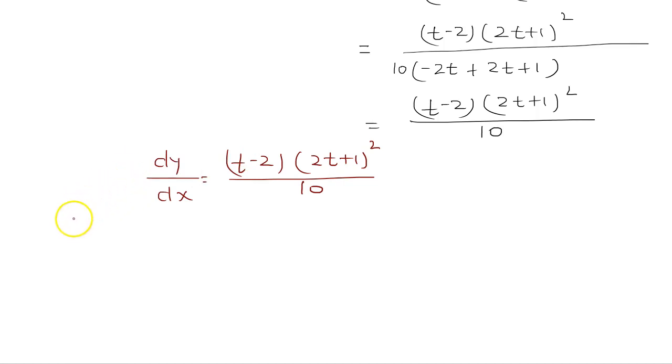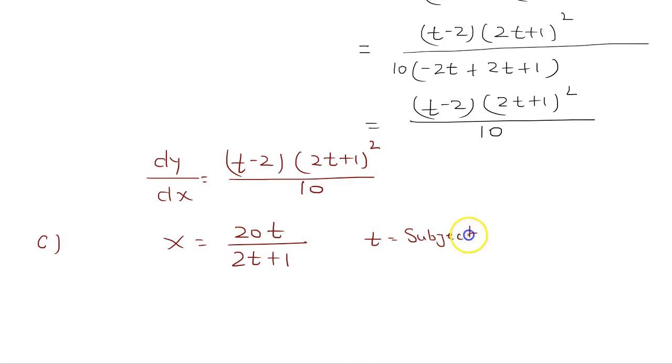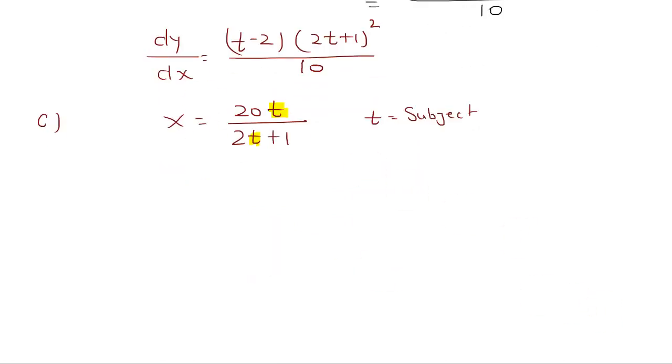Now part C. x is equal to 20t over 2t plus 1, and we have to make t the subject. Let's start with cross multiplication: 2xt plus x is equal to 20t.